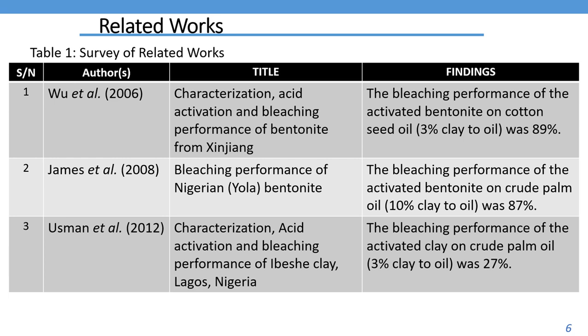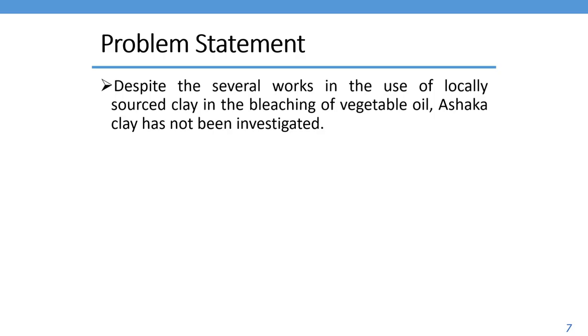James et al. 2008 did work titled Bleaching Performance of Nigerian Yola Bentonite, and they found out that the bleaching performance of the activated bentonite on crude palm oil was 87%. Usman et al. 2012 did work titled Characterization, Acid Activation, and Bleaching Performance of Ibishi Clay, Lagos, Nigeria, and they found out that the bleaching performance of activated clay on crude palm oil was 27%.